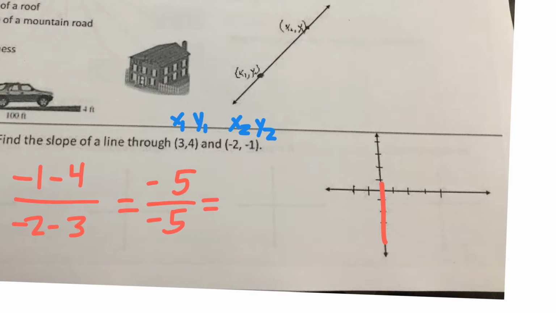Now, sometimes we may just have a graph. So what if this was graphed for us? I went right 3, up 4, and plotted my first point at (3, 4). Then my next one is (-2, -1) here. They could give me a line going through those points.